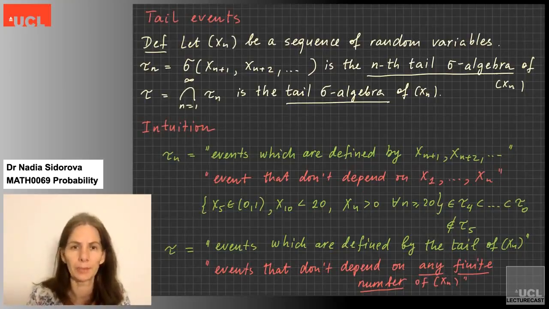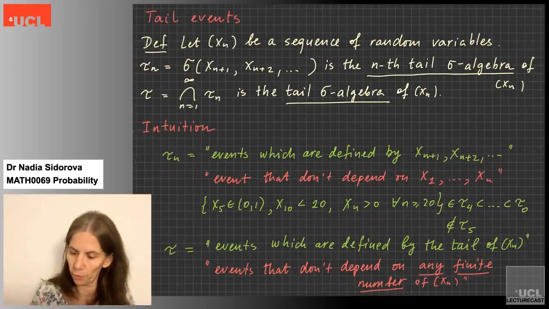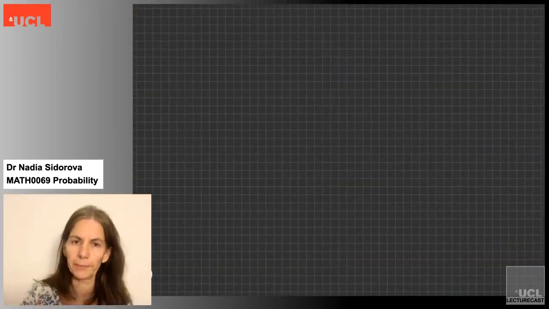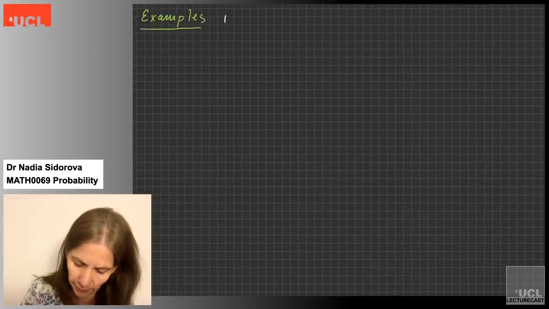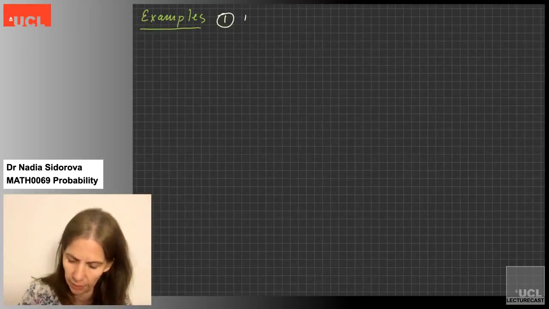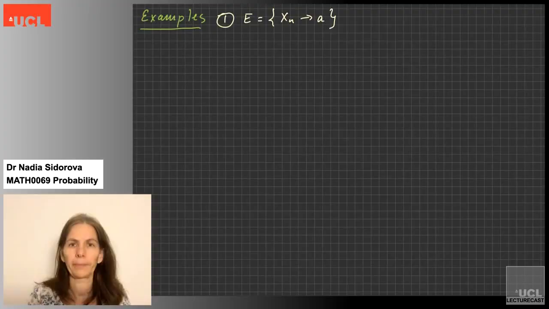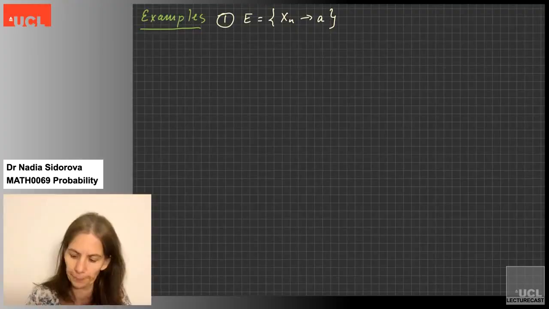Now we do need some examples to see this all working. So the first one is the event E, that xn converges to some number a.